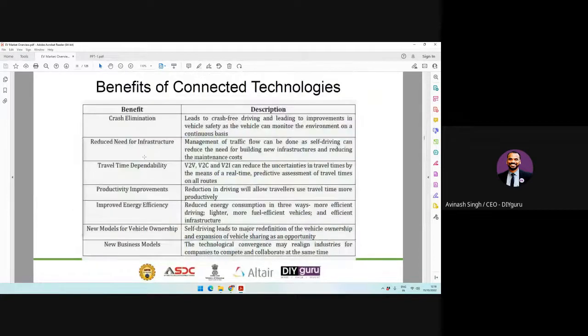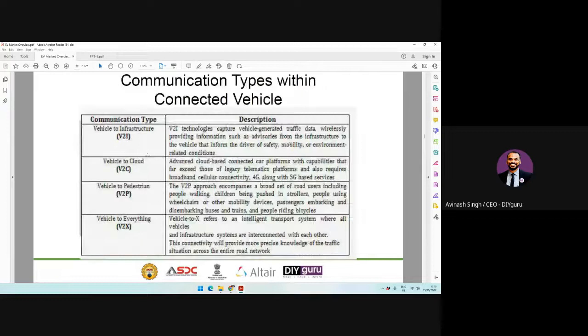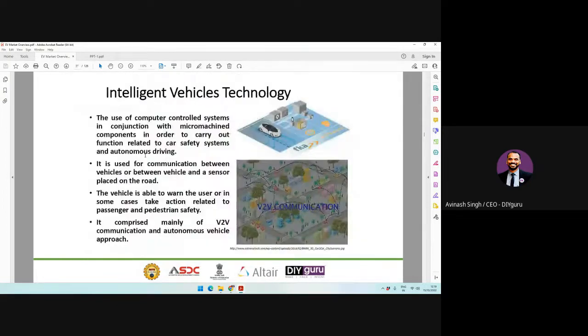Vehicle to vehicle is mostly on the crash elimination side, while vehicle to infrastructure or vehicle to grid will help you have a reduced need for infrastructure.